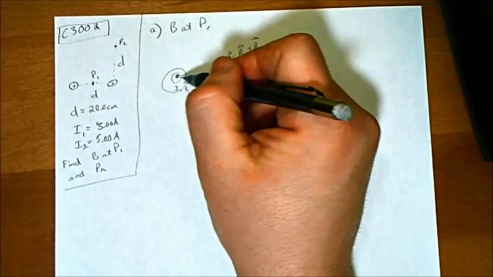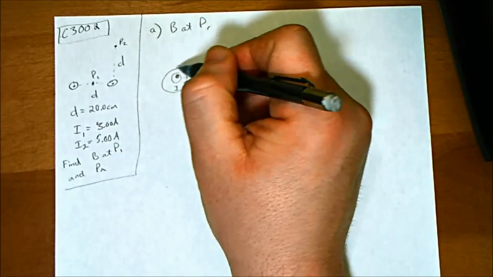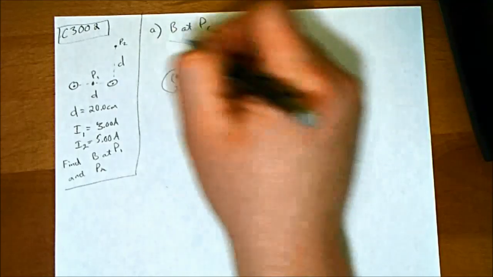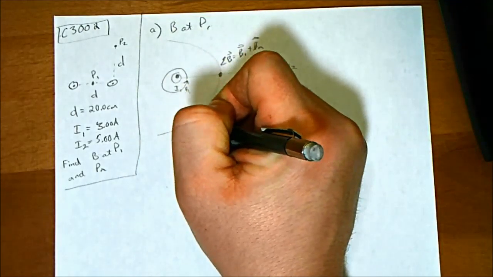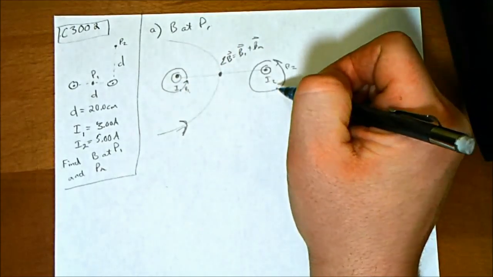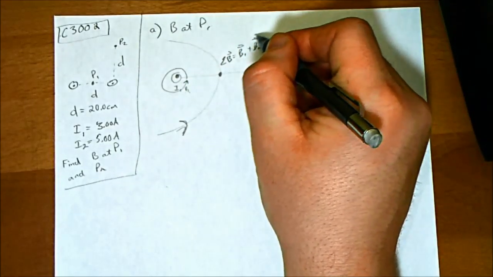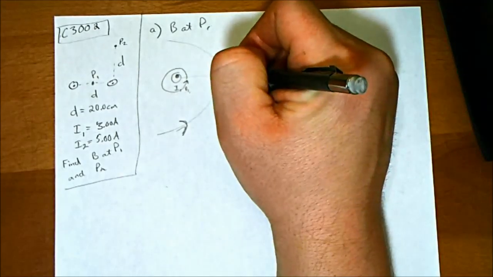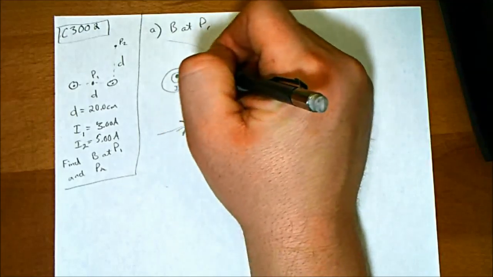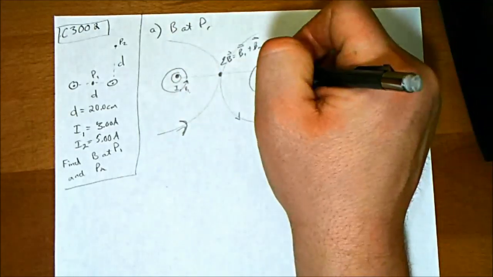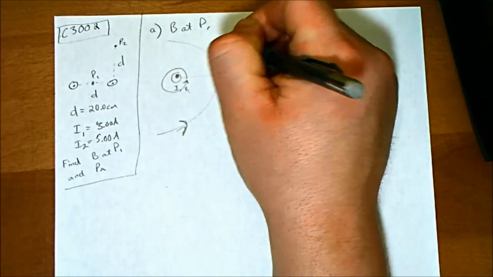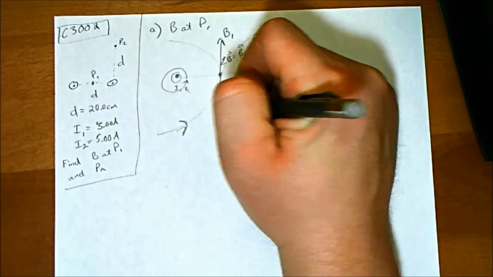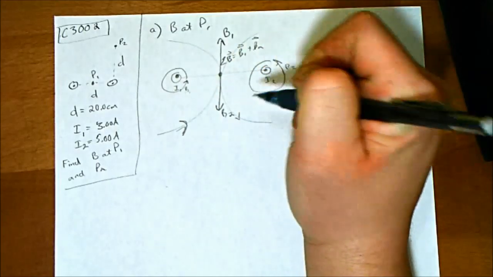Well, this field is circulating counterclockwise as we step out this direction. It will still be circulating counterclockwise, and likewise on the other side, still going counterclockwise, but the difference is because of where you are in relation to the wires, the field from the first wire will be pointing straight up, and the field from the second wire will be pointing straight down at that position.